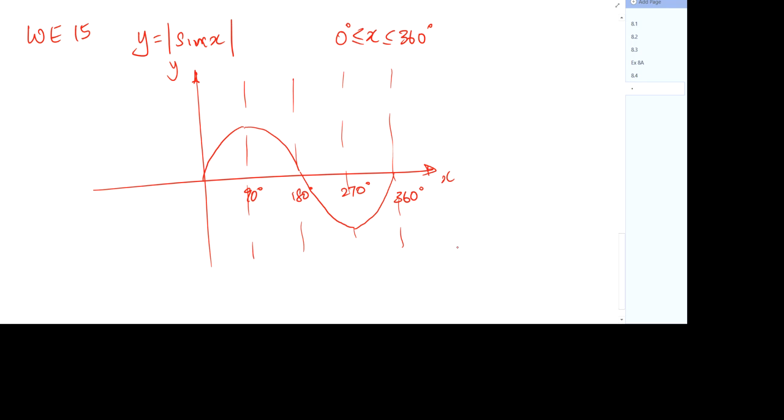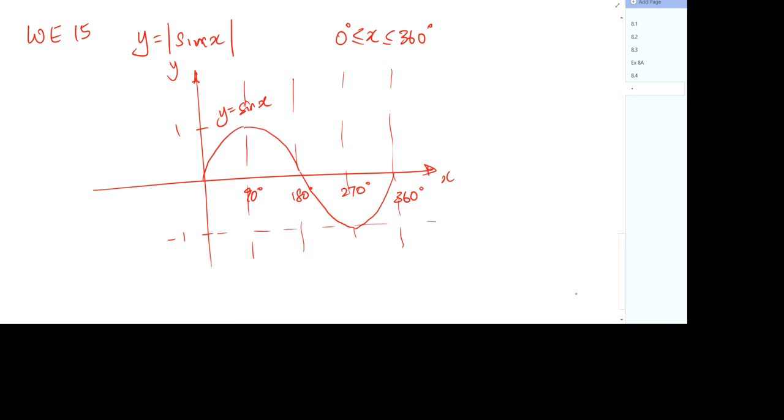Okay, so this is the graph of y equals sine x. And if I want the modulus graph, which portion must be removed? Negative portion. Oh, I didn't include the maximum and minimum values. This is 1, this is -1.